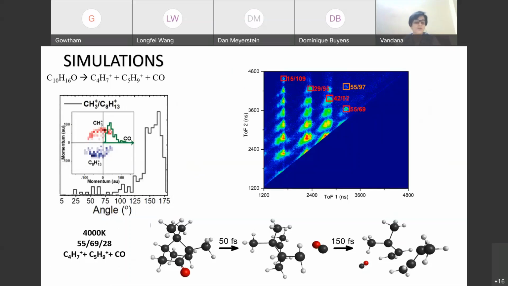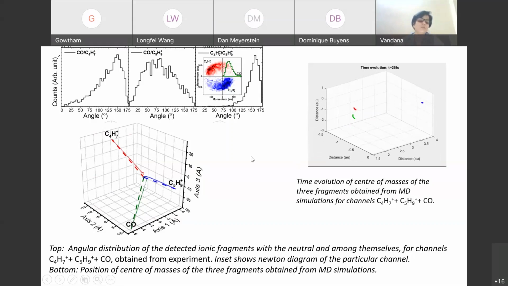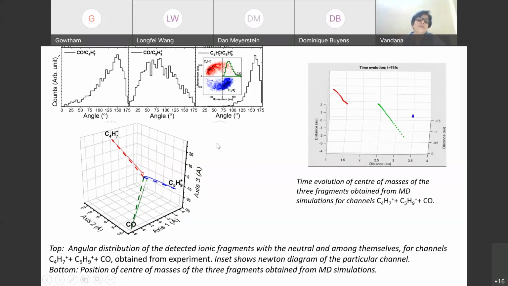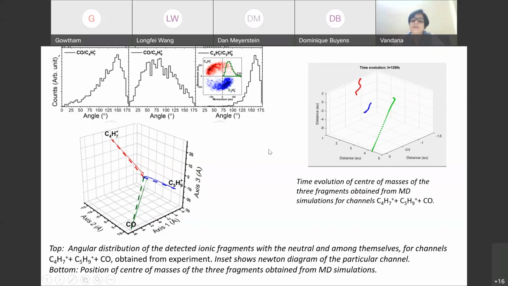So CO ejects right after 50 femtosecond, and then these two molecular ions get ejected. When we looked into the angular distribution, it matches quite well with the experimental data.